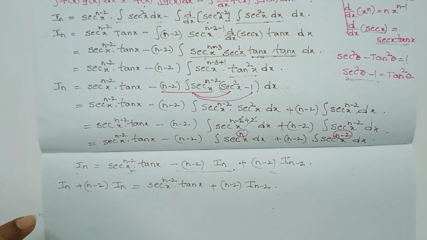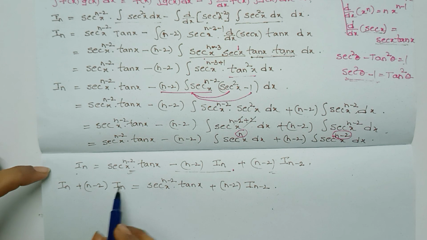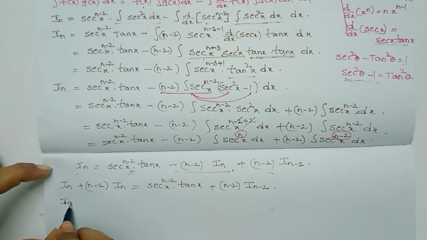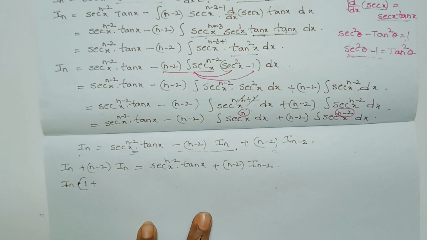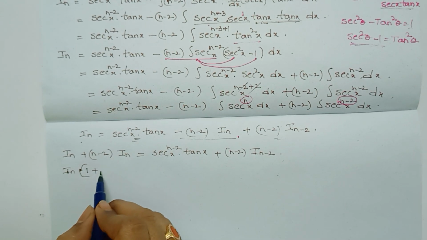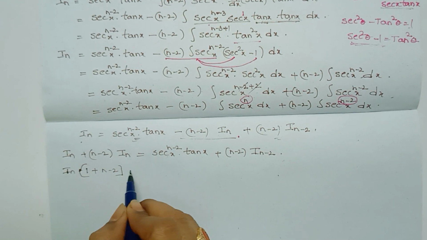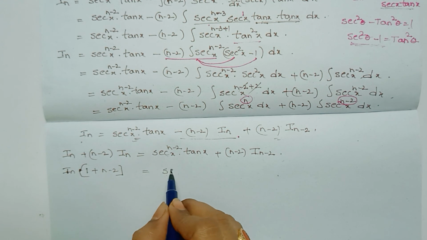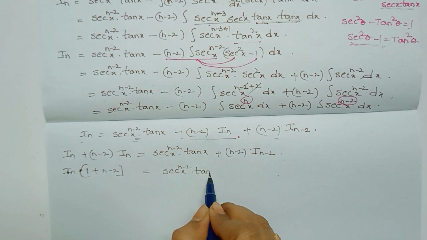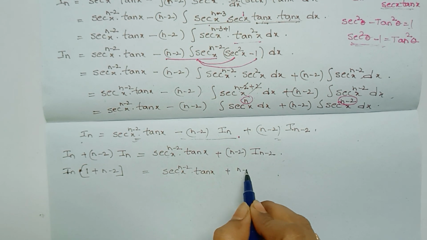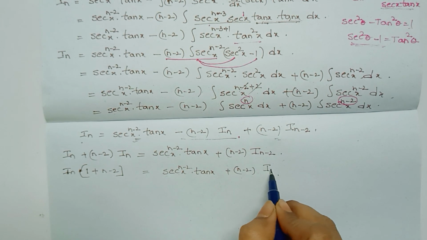From these two take In common, that implies In కామన్ వెళ్ళిపోతే ఏం మిగులుతుంది 1 plus n minus 2, 1 plus n minus 2 is equal to, in this side take it directly, ఏం లేదు యాజ్ ఇట్ ఈజ్ తీసుకుంటాం, In minus 2.